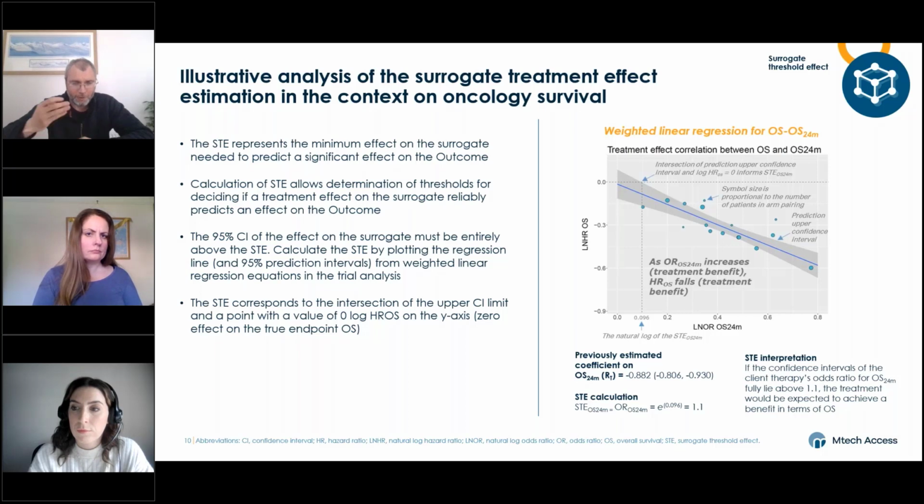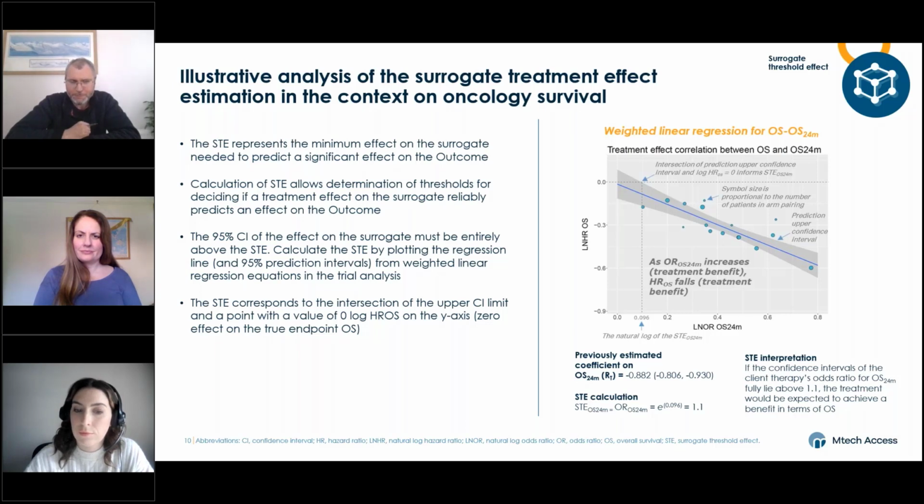This is not confirming causation, and inherent to this, everything I've mentioned so far relates to the 95% confidence interval. It's a 95% chance, a probability as we see it, that the true value of the treatment effect correlation lies within these bounds. It's possible that it doesn't, right?